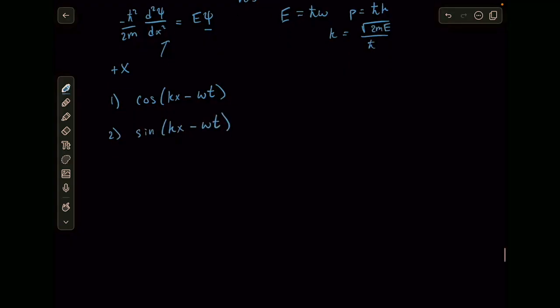And the third possibility is that instead of cosine and sine, we have a phase factor, e to the i (kx minus omega t). And given that we have a complex number here, we can also have it in this other form.